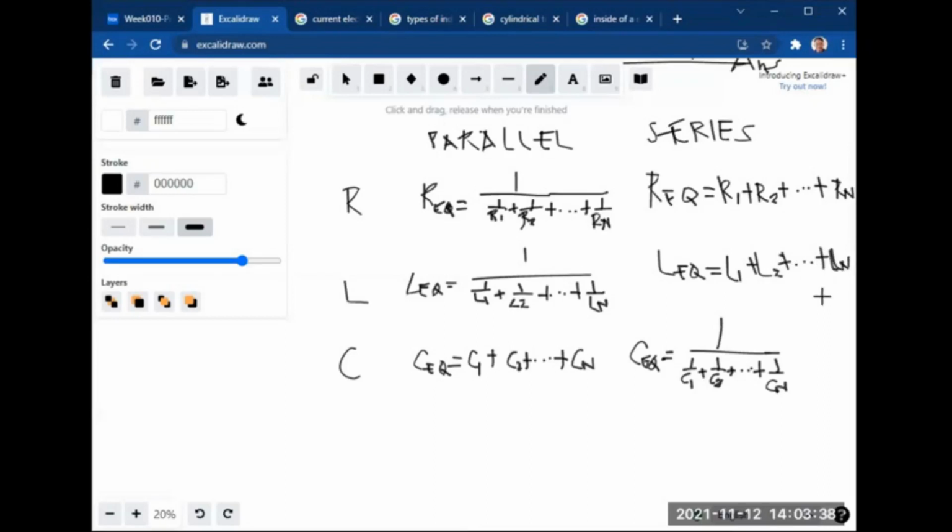Are we good with this one? I hope we're good with this one. So I made you a summary for easier comparison between the parallel and series computations of the three components: resistors, inductors, and capacitors. Again, resistors and inductors the same. Capacitor opposite of the two. All right, so let's proceed.